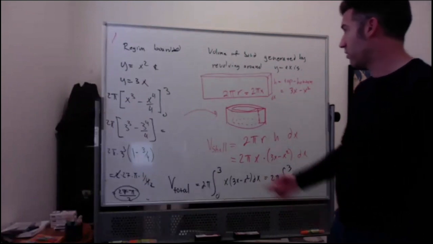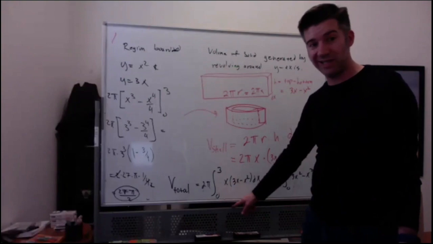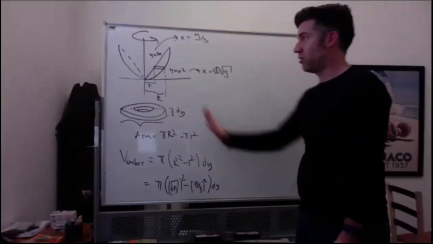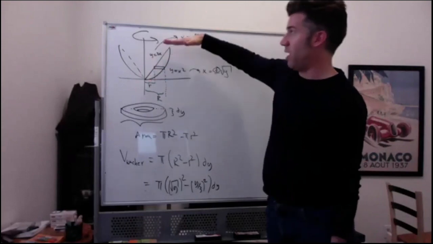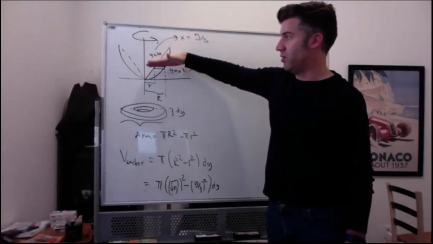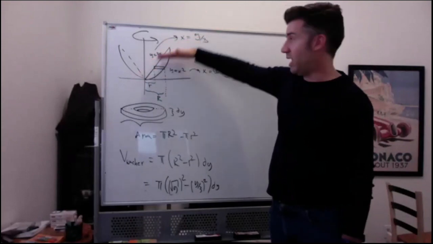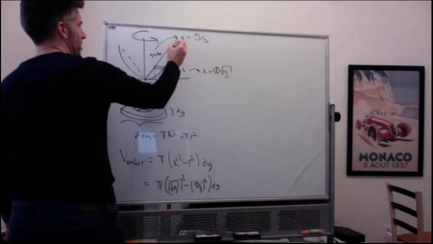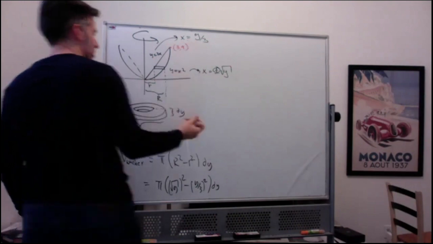It's okay. So in the previous one, our limits were x = 0 to x = 3. In this one, we're not going from left to right. We're going from bottom to top. So our limits are as low as this can slide, which is 0, and as high as this can slide, which is y = 9, because this point of intersection was the point (3, 9).